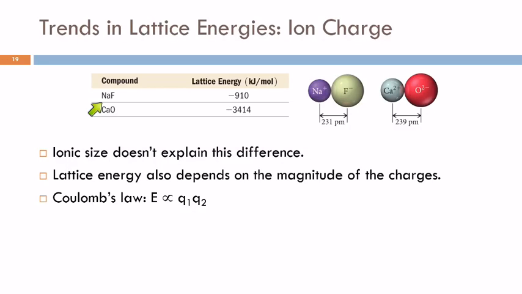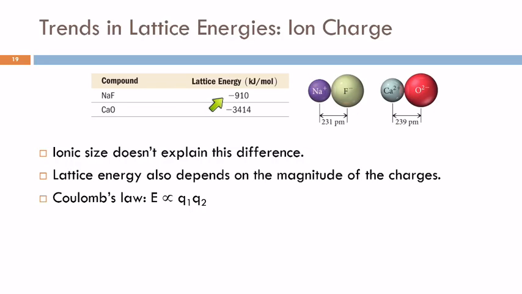So here we're comparing sodium fluoride and calcium oxide. And these were chosen because the distances between the two ions are very similar. 231 versus 239 picometers. So there's not a significant difference in the distance.